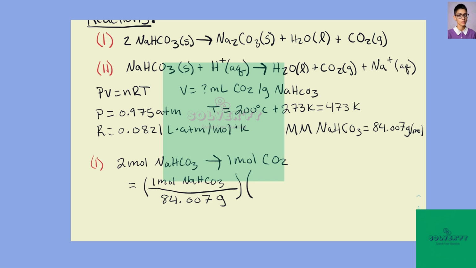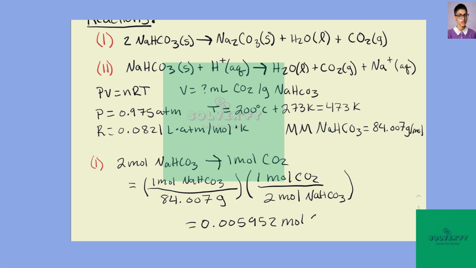And then I'm going to multiply that by the ratio, so 1 mole CO2 for every 2 moles of our bicarbonate. So when we calculate this out, this is going to be 0.005952 moles of CO2 per gram of our sodium bicarbonate.